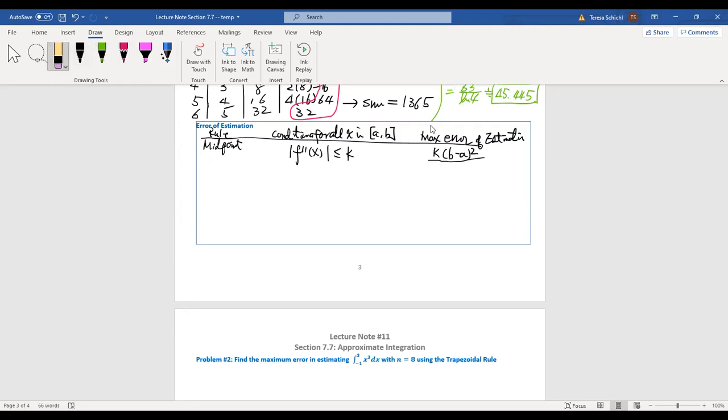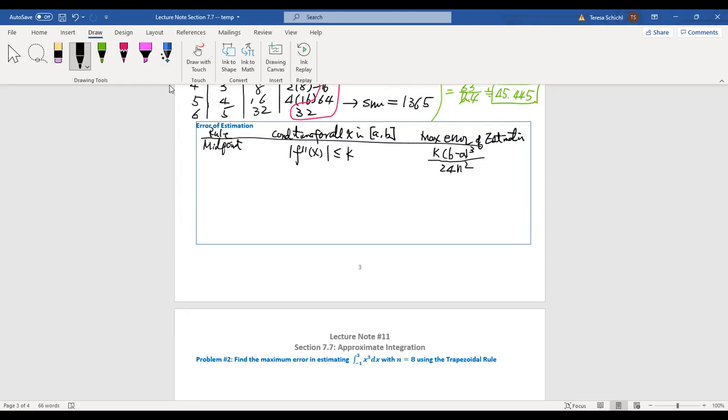Sorry, not the square, it's a cube here: (b minus a) cubed over 24, and n to the squared.